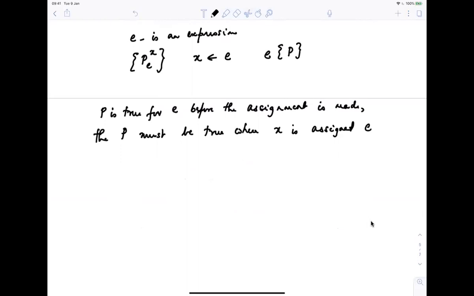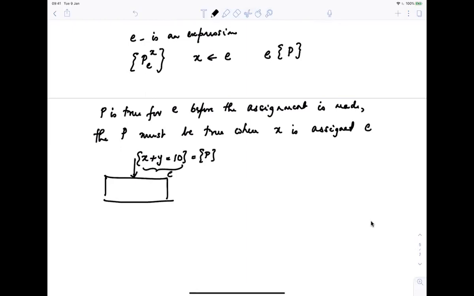So what does this mean? Let's take an example. Let's say before a program is executed, I can assert that x plus y equal to 10 is my assertion, and let me call this the expression.